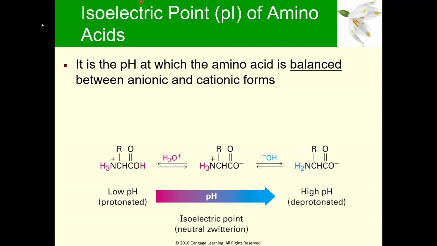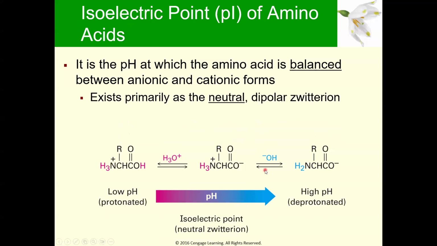And the isoelectric point for each amino acid is different. So we're not talking about 7, where 7 is neutral. Because of the structure of each amino acid, each one has an isoelectric point that's different than 7. And so if you're at pHs below that isoelectric point, then you have a positively charged amino acid overall. If you are at pHs above the isoelectric point of that amino acid, then you have an overall negatively charged amino acid, okay?